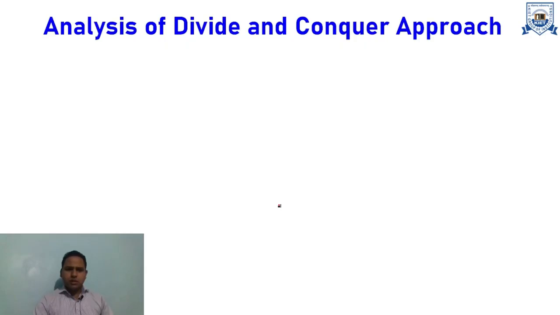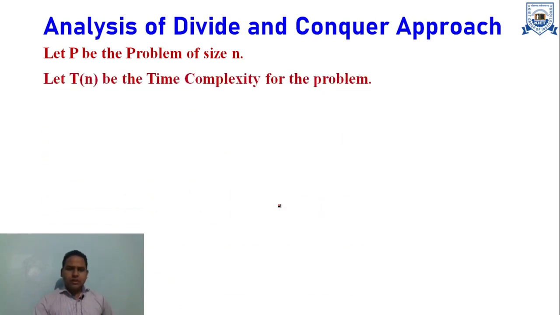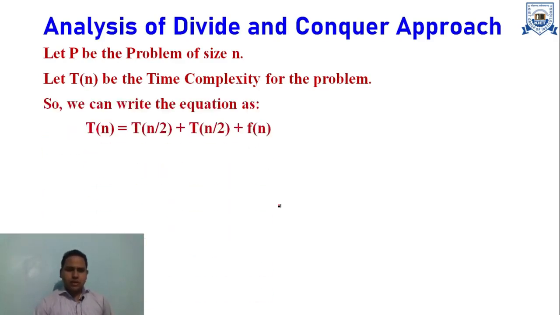So let's next move to analysis of the divide and conquer approach. We have a problem P of size, suppose, n, and let T(n) be the time complexity for this problem. Here you can see I have a problem of size n, and I am dividing that problem into two sub problems each of size n by 2.